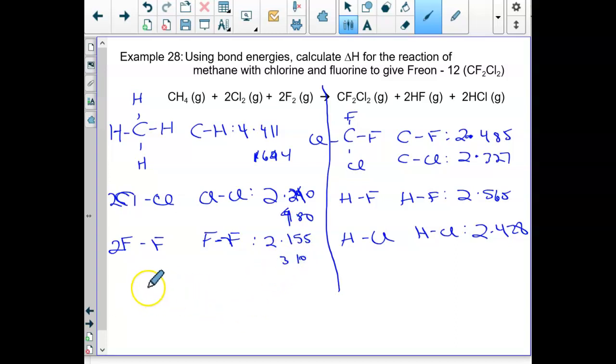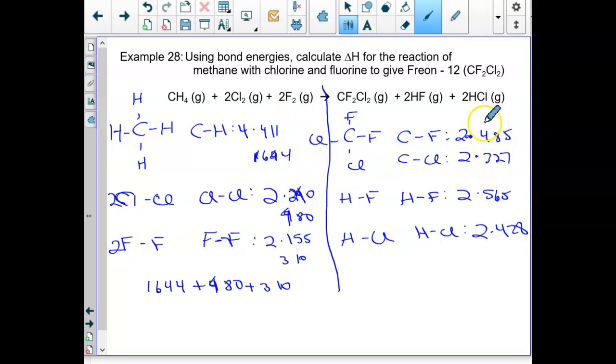And this is overkill, but I'm going to show you the math here. You don't have to show this part. I do expect to see that stuff up there for credit, so be sure that you're doing it that way. Over here, we got 485 times 2, which is 970.